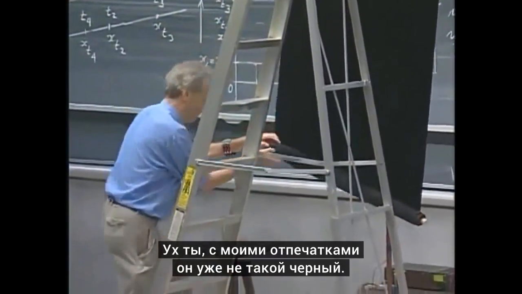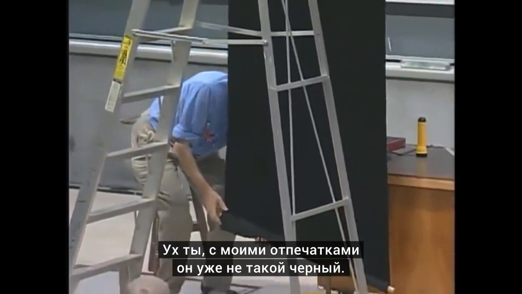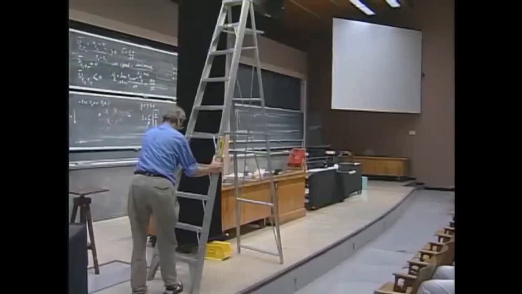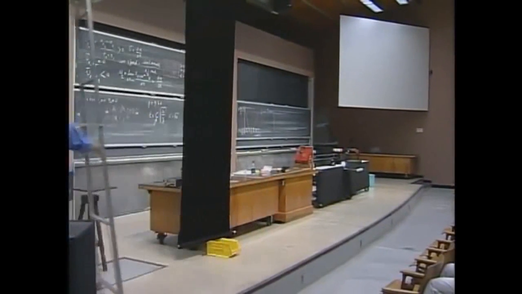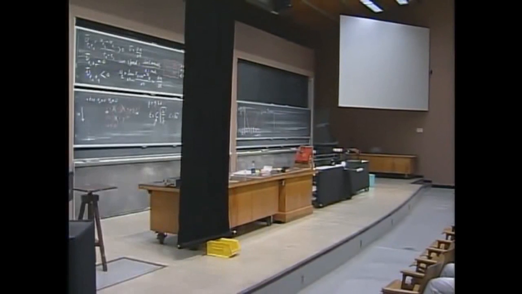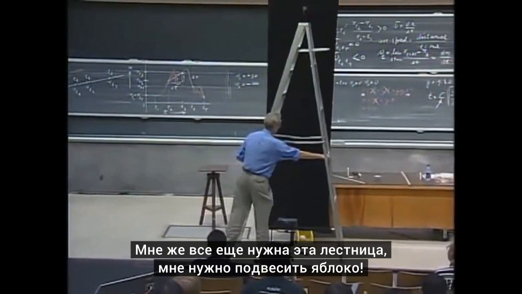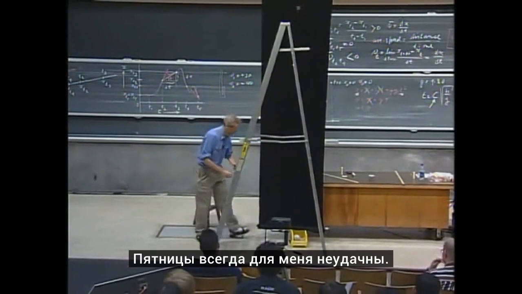Wow. With my fingerprints on it, it's not so black anymore. There it is. That's the background. Oh, what am I doing? I need the ladder again. I have to bring the apple up. Friday is always a bad day for me.